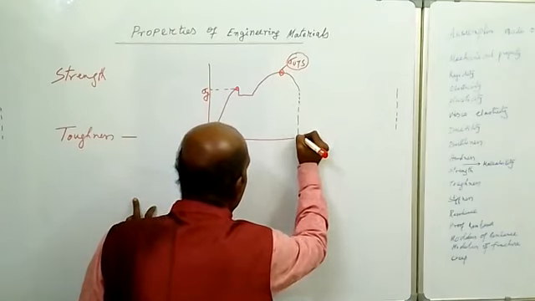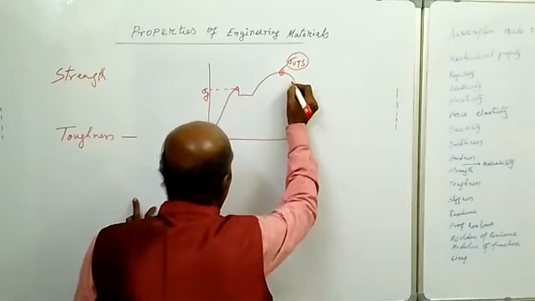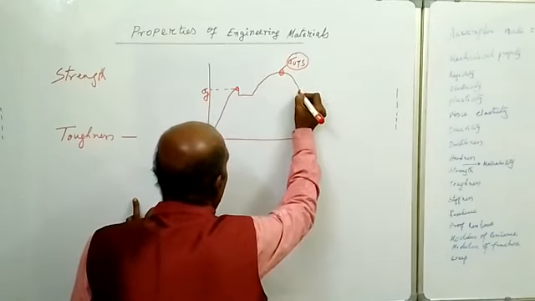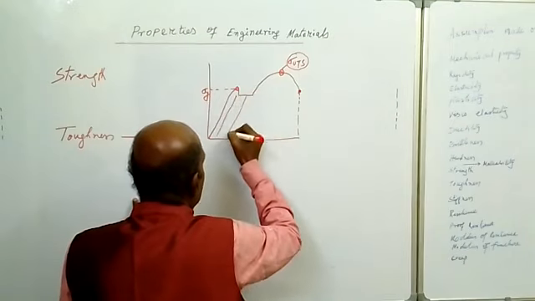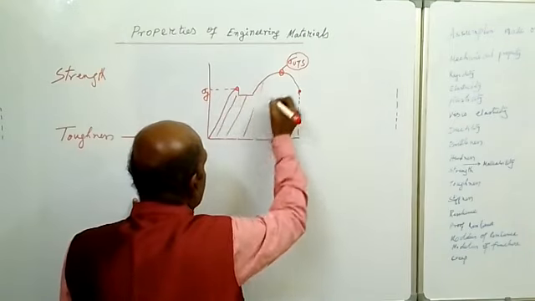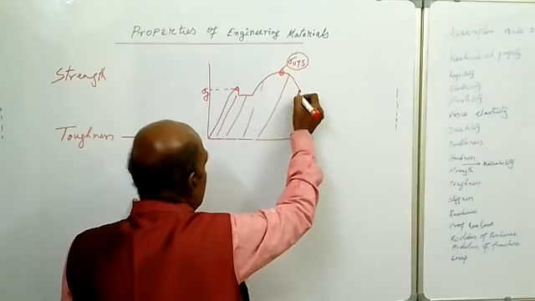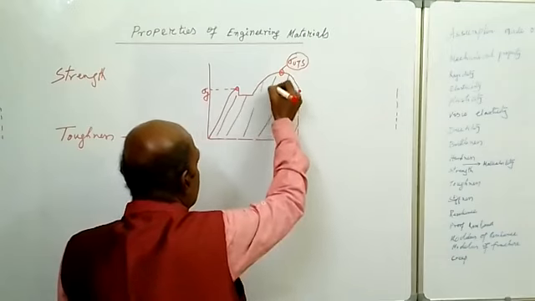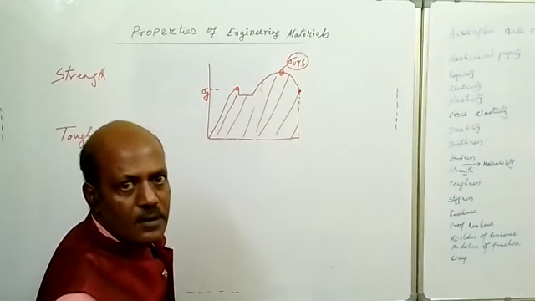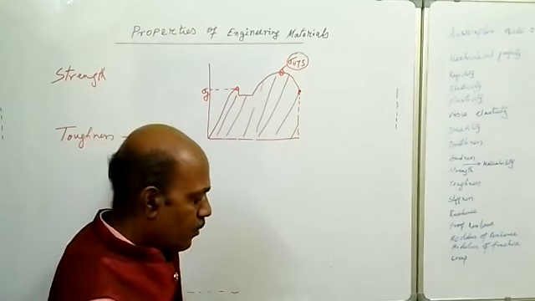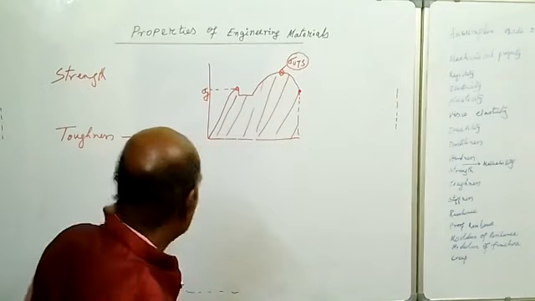Now if we find the area under the stress strain diagram up to the failure point, this area indicates the toughness of the body per unit volume.